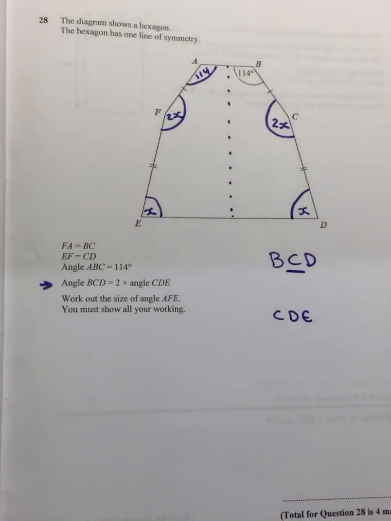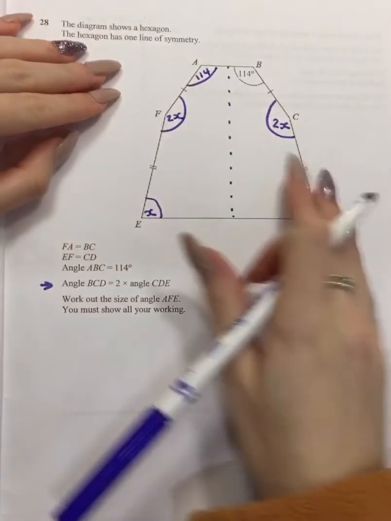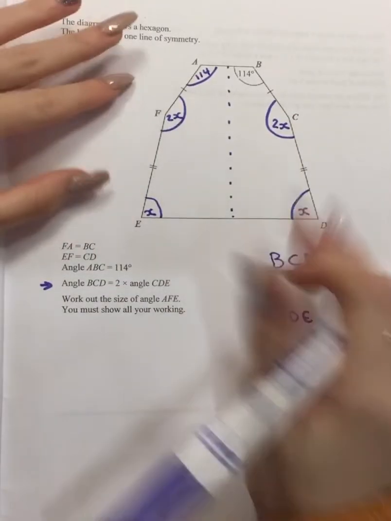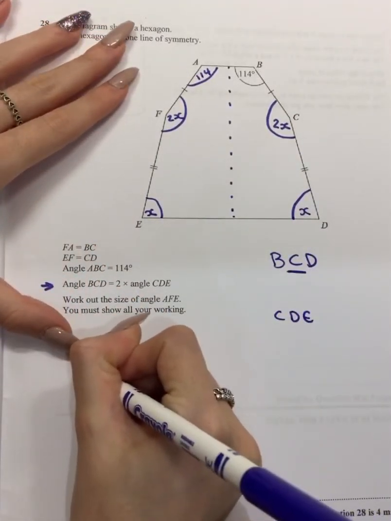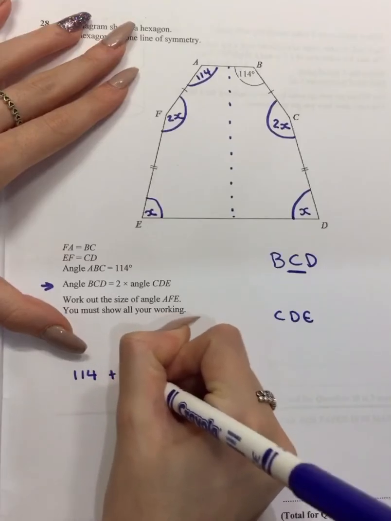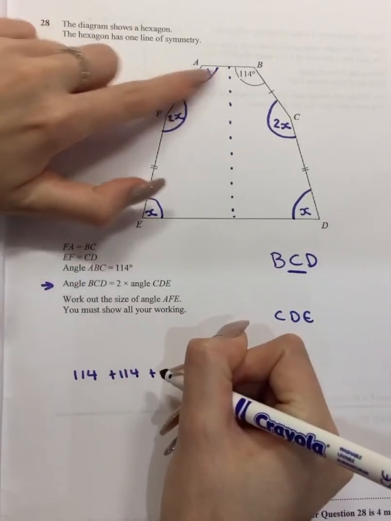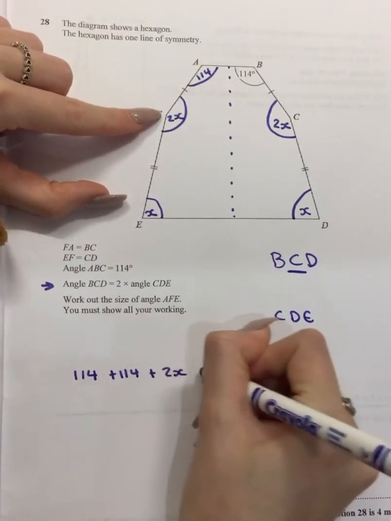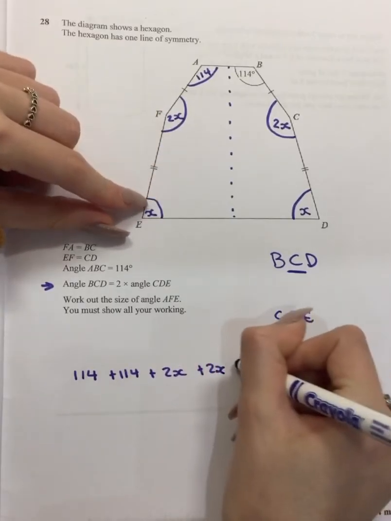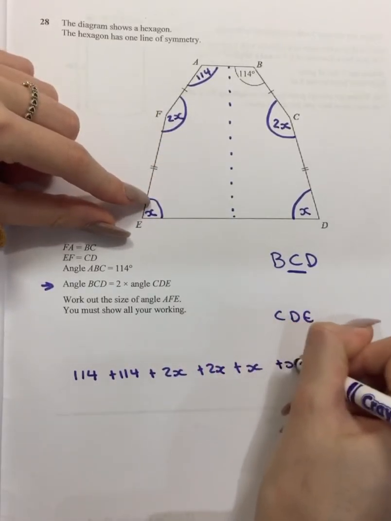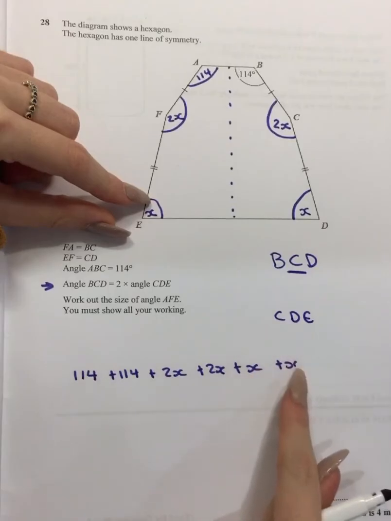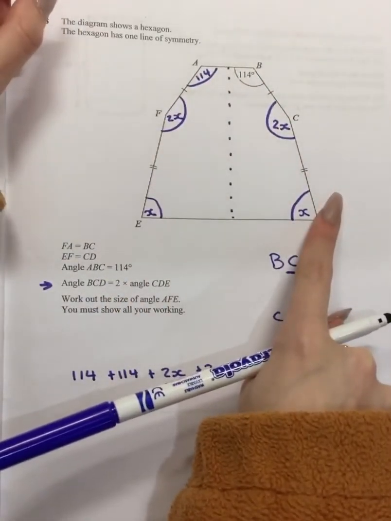Now, even if that is the only place we can get to, we can show that all of the angles in this hexagon add up by doing 114 plus 114, so that's those two, plus 2x, plus 2x, plus x, plus x. So we've got 1, 2, 3, 4, 5, 6 angles there, all of the angles.